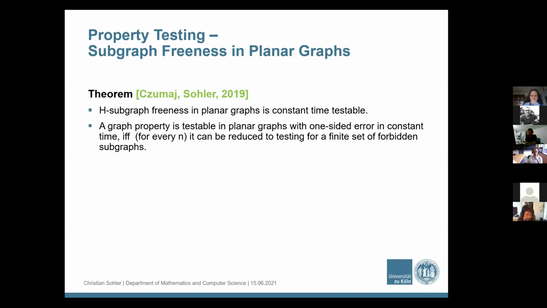So we showed that a graph property is testable in planar graphs if and only if it can be reduced to testing for a finite set of forbidden subgraphs, where this set is potentially different for every n. So it's a weak notion of testability here.